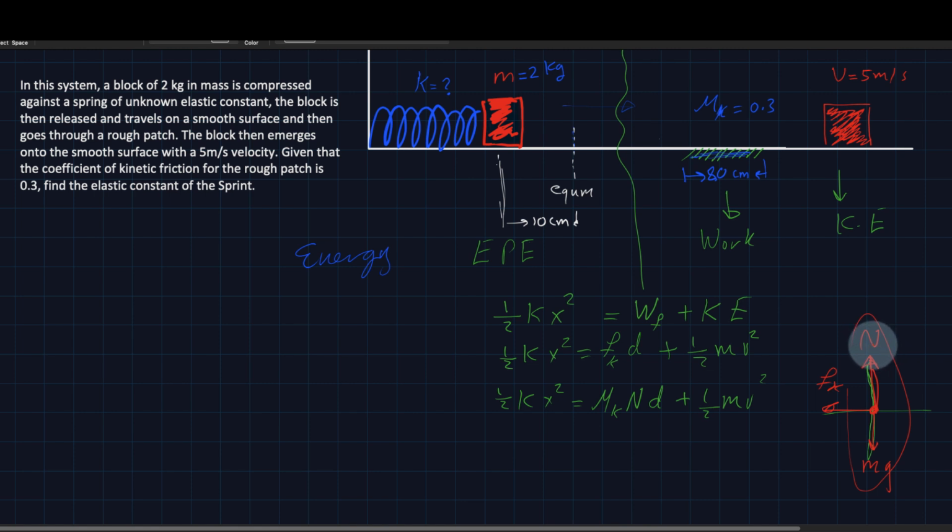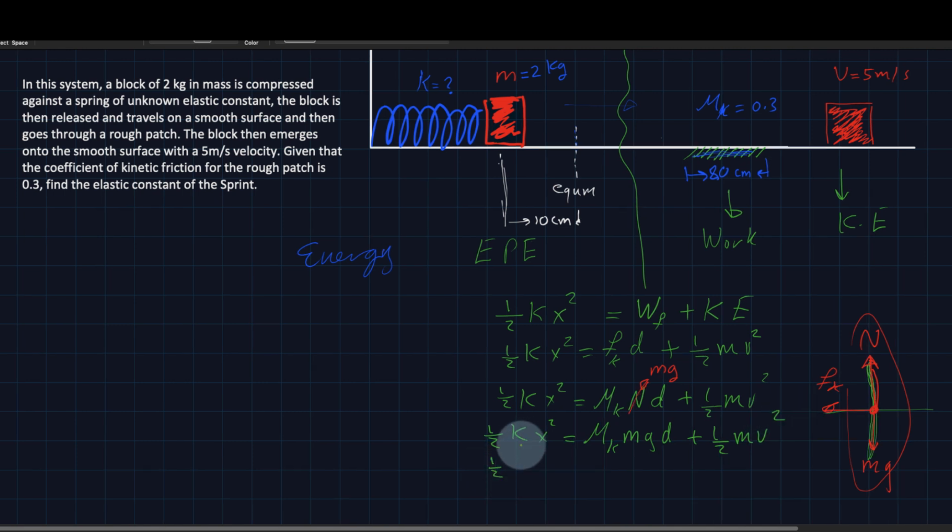Then according to Newton's second law, N is equal to mg. So this N here becomes mg. Okay, now 1/2 kx squared is equal to mu_k times mg times d plus 1/2 mv squared.